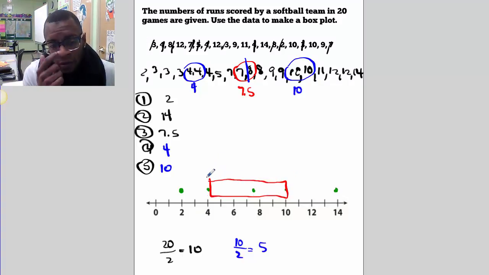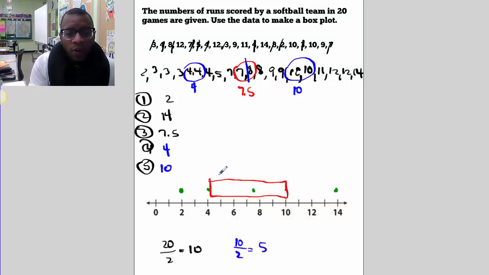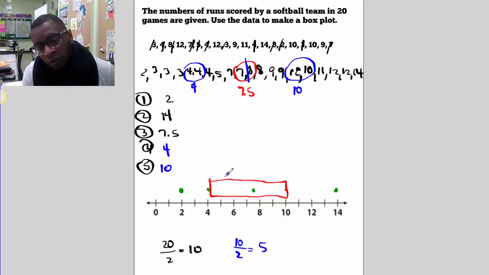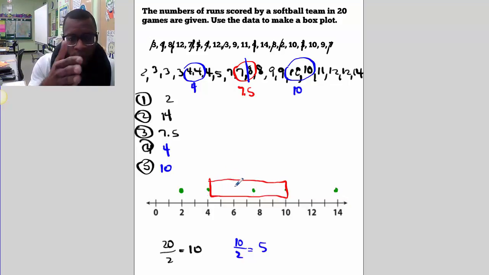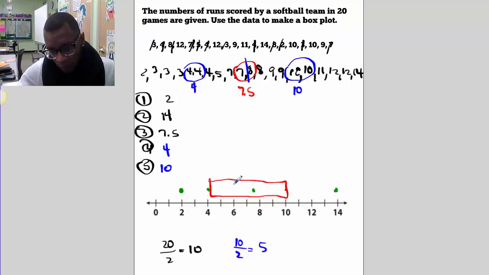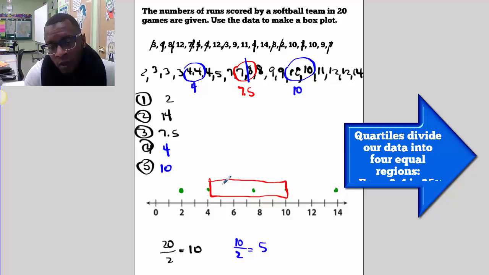So this box includes all of our data from our quartile 1 value all the way up to our quartile 3 value. And remember that our quartiles divide our data into four equal sets of values. So if our full set of values for our data is 100% and we divide it into 4 pieces, each piece is 25%. So this box would represent 50% of our data.